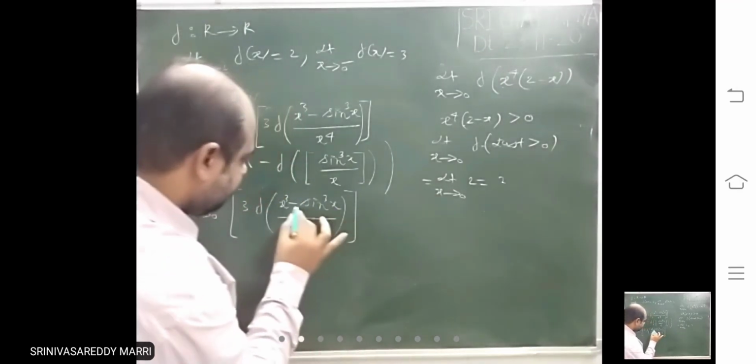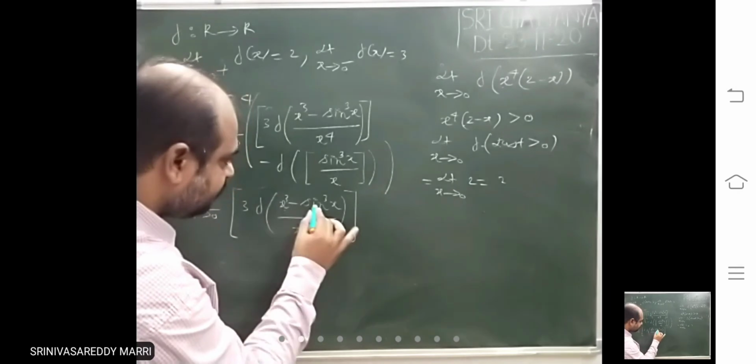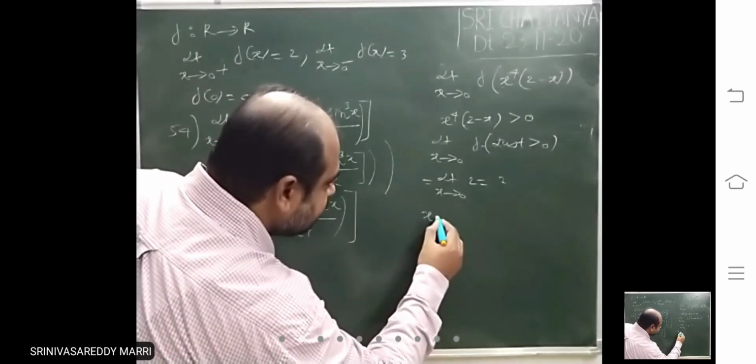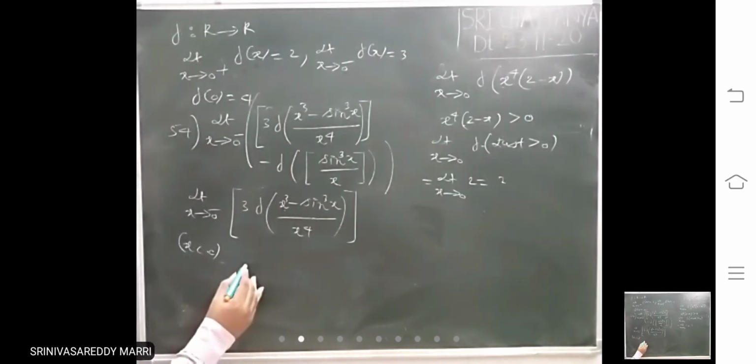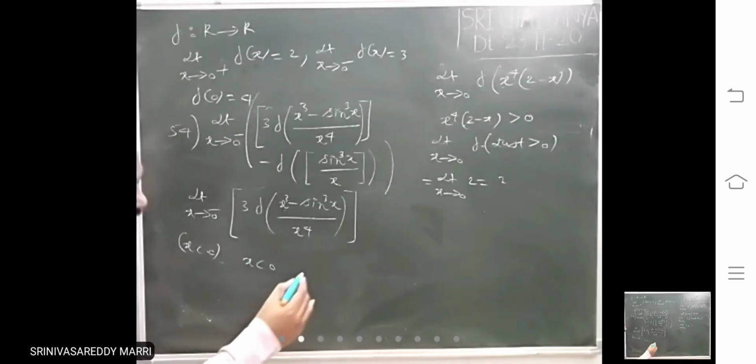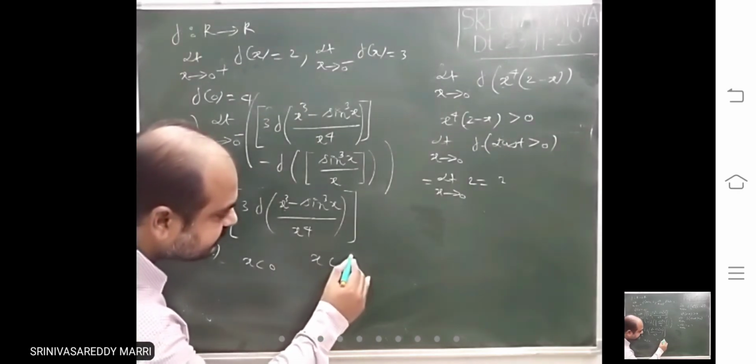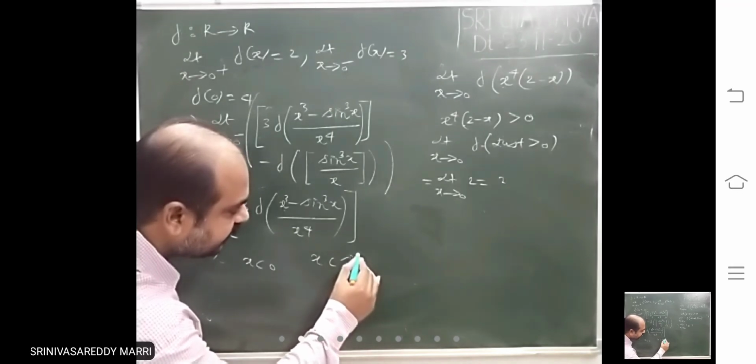For that I am taking x cube minus sine x. When x is just less than 0, I have told one inequality. When x lies between minus pi by 2 to 0, x is less than sine x.